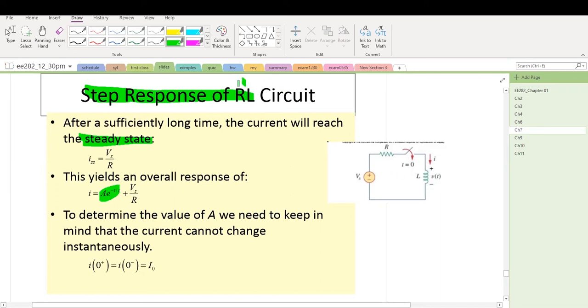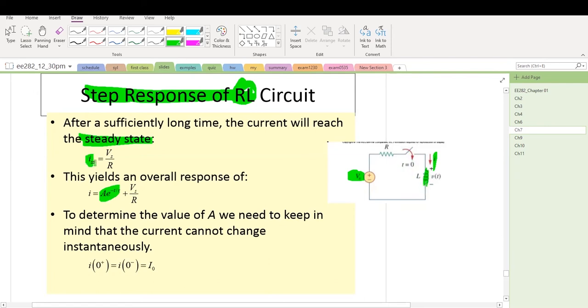In RL circuit, we discuss the current flow through the inductor. In RC circuit, we discuss the voltage across the capacitor. So when this switch has been closed a long time, when time goes to infinity, this is a DC circuit now. Vs is a DC voltage source, so this inductor is counted as a short circuit.